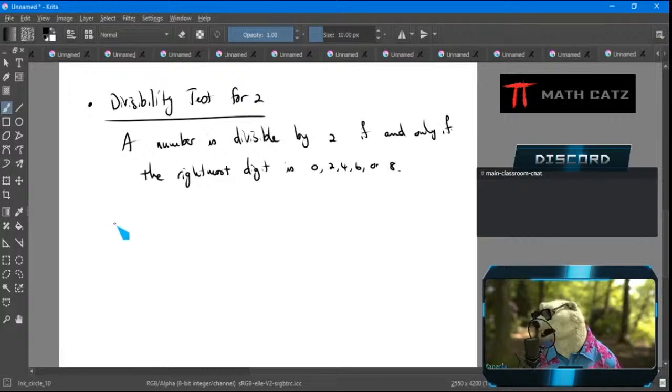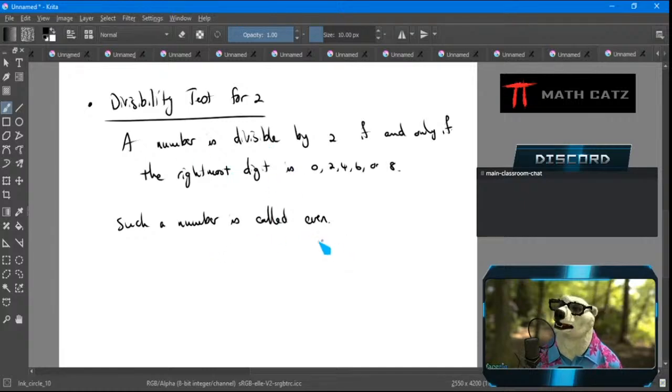And then you can say such a number is called even. And if it's not divisible by 2, it's called odd. But the concept of even and odd is defined according to divisibility by 2, which means you can't use that to explain what divisibility by 2 is.